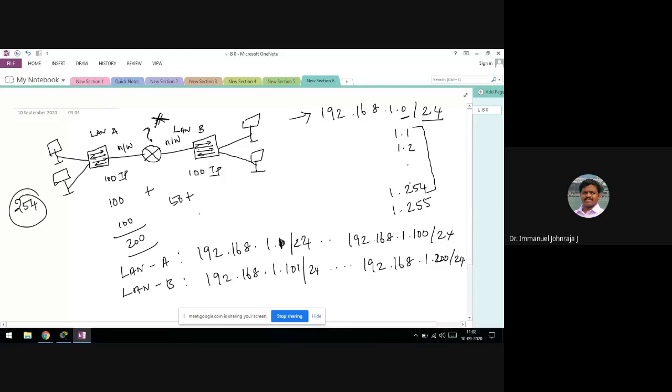If that condition is not met, our IP assignment is poor. It is incorrect. For that, I took a random sample IP address from this range. Let me take 1.50. Yeah, 1.50 is somewhere in the middle. So 192.168.1.50 is the IP I had taken from LAN A.